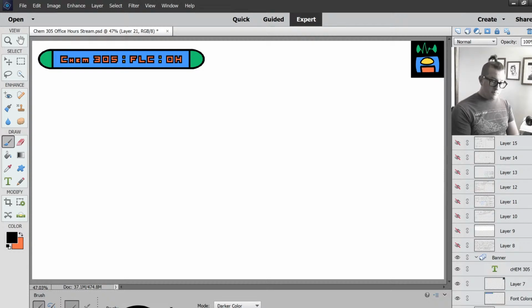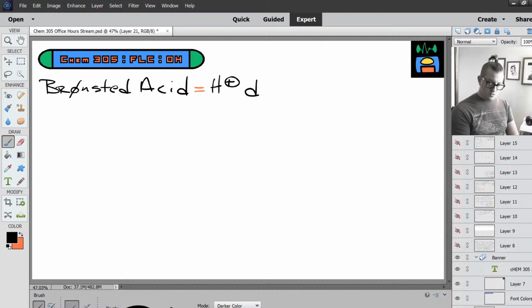So a Bronsted acid is a proton donor, an H+ donor. All right, that's what it is.